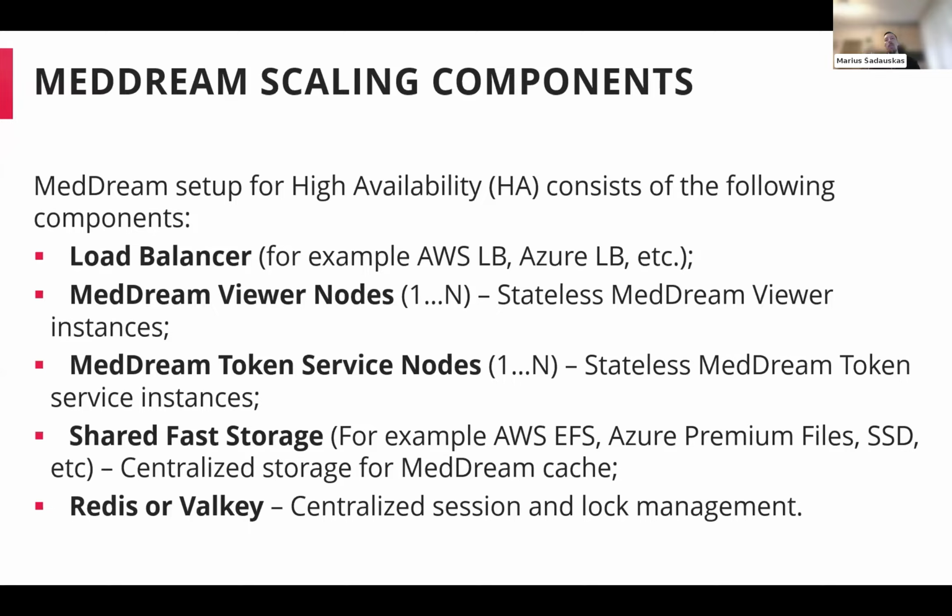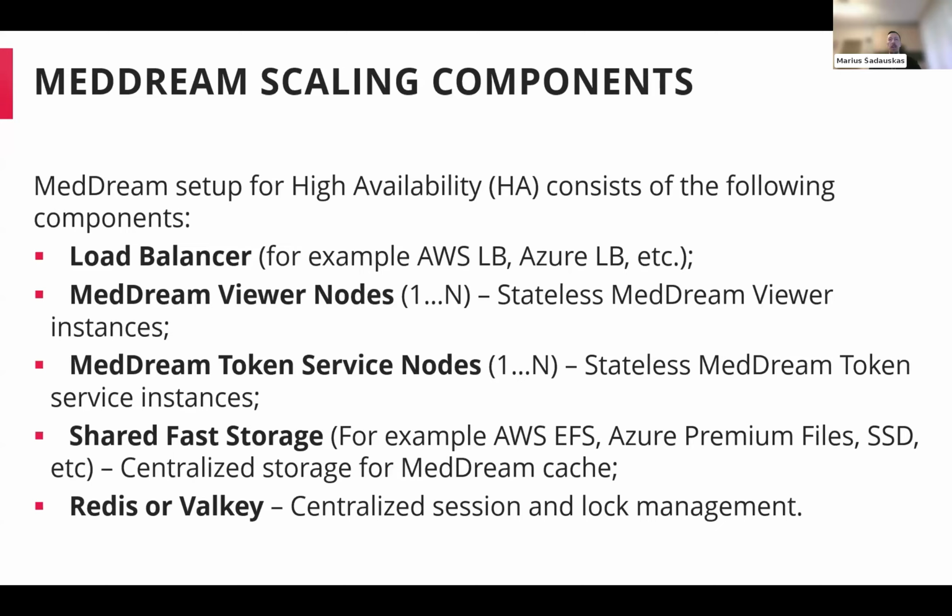So all the MedDream instances, multiple MedDream instances, would be using the same cache, and wouldn't need to have a separate cache for each node and do some synchronization and so on. So one centralized storage is recommended, of course, as fast as possible.